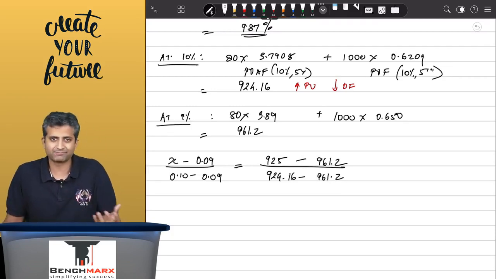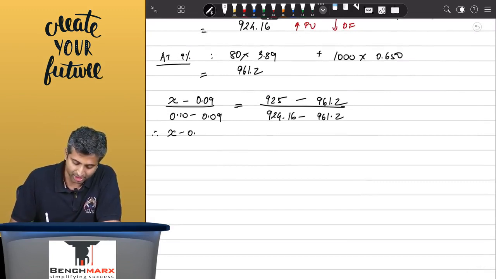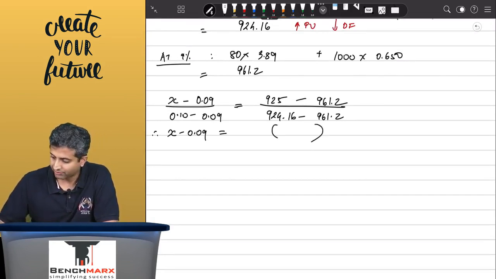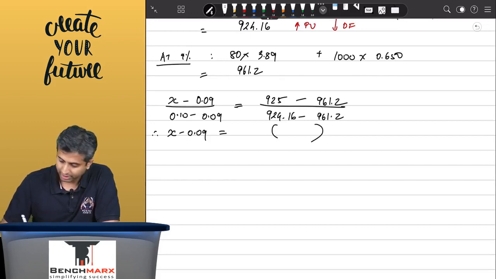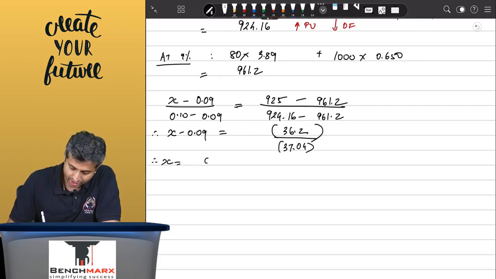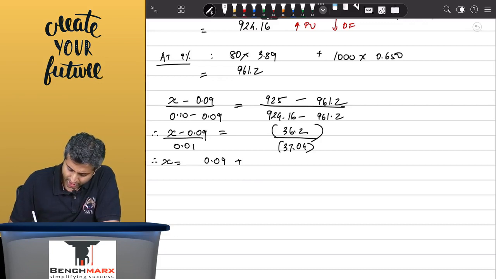For all practical purposes your answer is at 10%, but just for absolute academic accuracy, this is negative 36.2 upon negative 37.04. Therefore x equals 0.09 plus 36.2 upon 37.04 into 0.01.